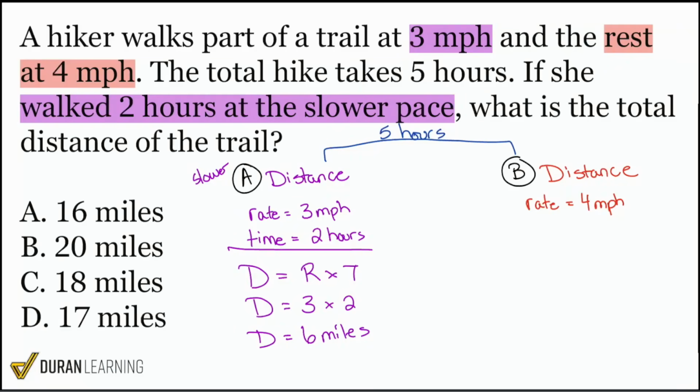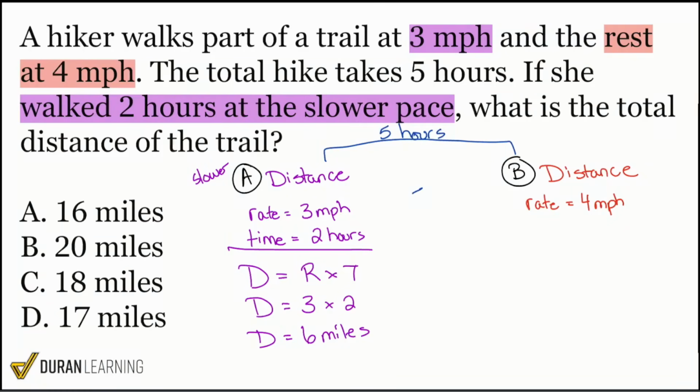No. What we need to do is think about it like this. If we took 2 hours on the first part, the slower part, but it's a total of 5 hours, what operation am I going to use to get the remaining hours? Oh yeah, I'm going to subtract. So check this out.